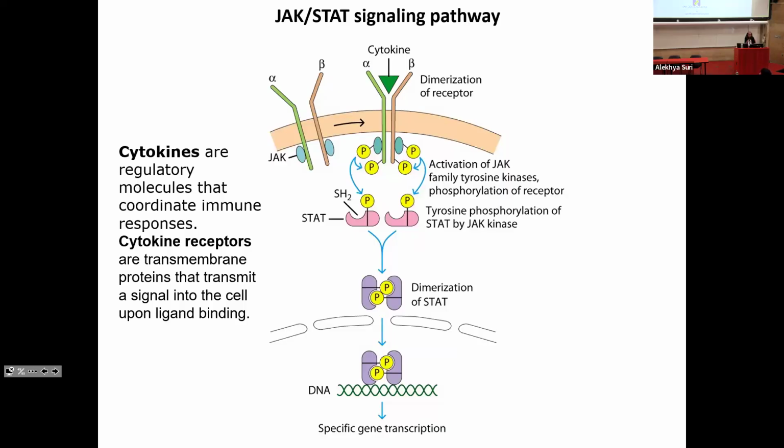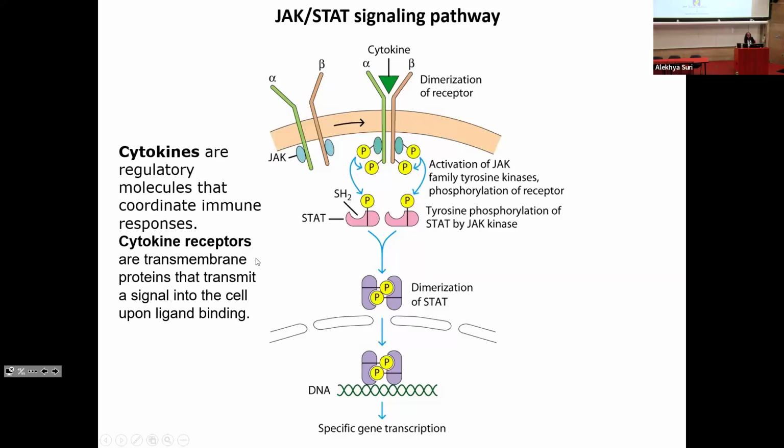The receptors are different, and the downstream STATs and JAKs that are recruited to the receptor may be different, but overall it's the JAK-STAT signaling pathway. There's activation of JAK, then downstream STAT molecules are activated, which then translocate into the nucleus to activate specific genes.